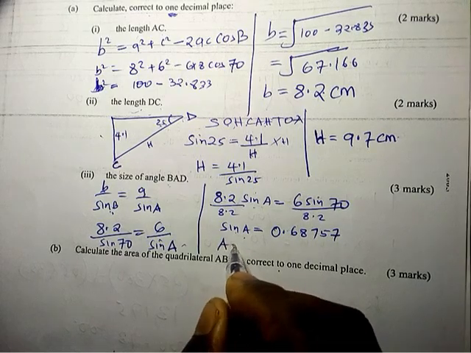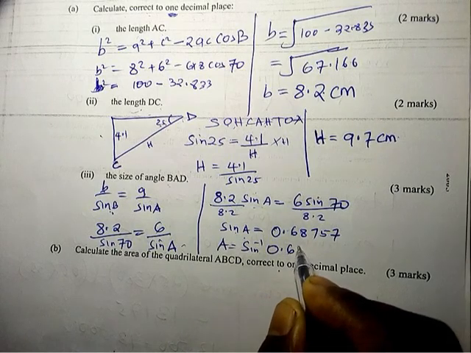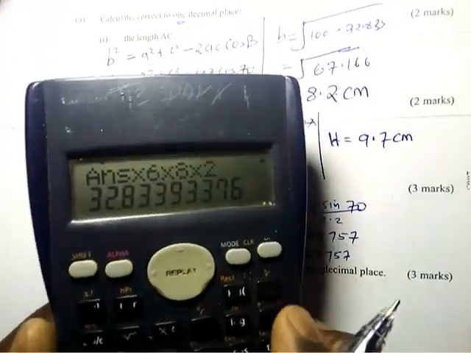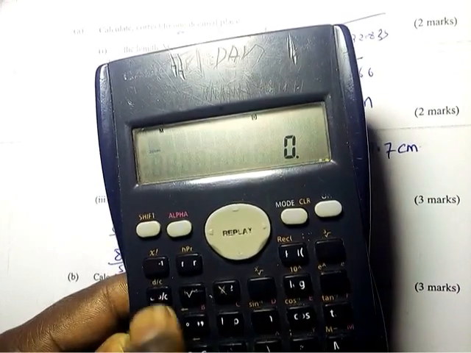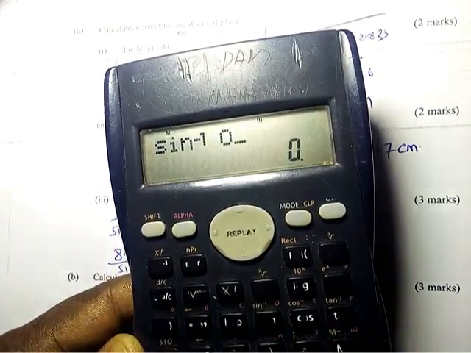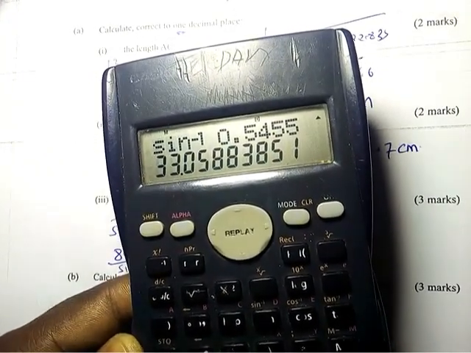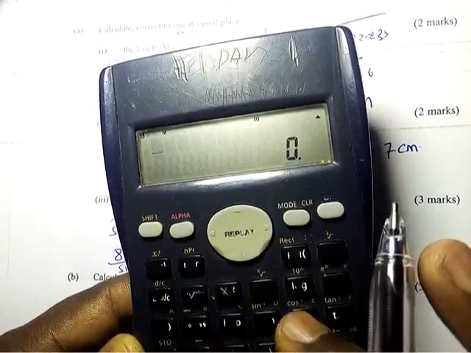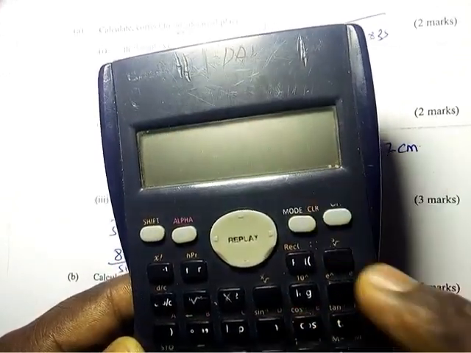So A equals sine inverse 0.68757. For sine inverse you take your calculator, press shift and then sin, and then you put the number to get the angle. Cos inverse is like this, tan inverse the same.